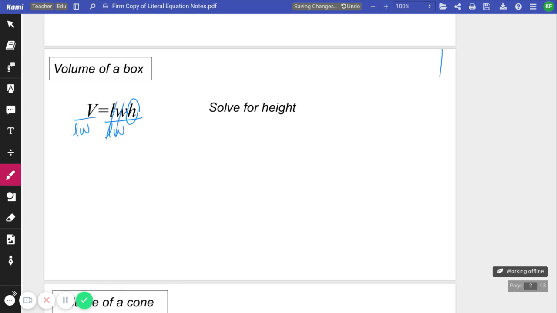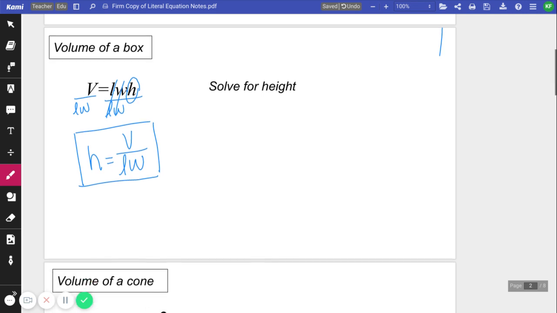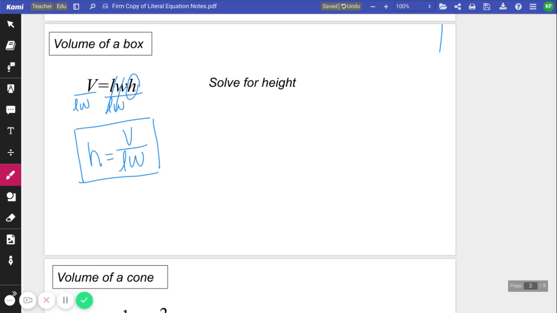And that cancels those out because anything divided by itself equals 1. So my height equals volume over length times width. And that's all you have to do. So it's just moving all the other letters away from the one that you want by itself. We just have to make sure we use correct operations in doing so.